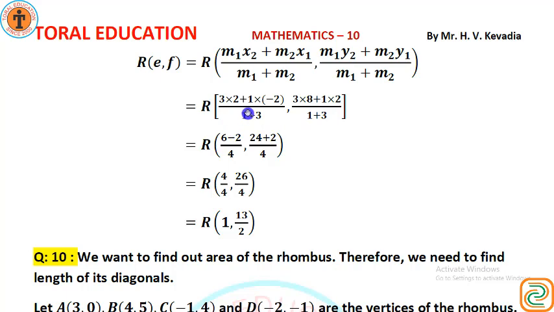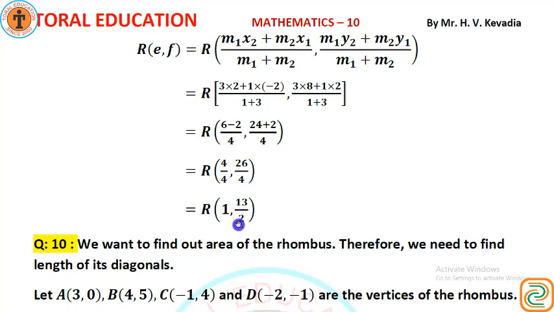So 3 2s are 6, 2 1s are 2, minus 2 upon 4 and 3 8s are 24 plus 2 upon 4. This is 4 upon 4 and 26 upon 4. 4 upon 4 that is 1 and 26 upon 4 that is 13 by 2. Don't try to divide 13 by 2. It will be 6.5.